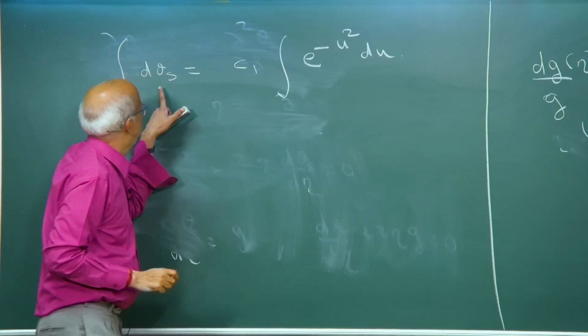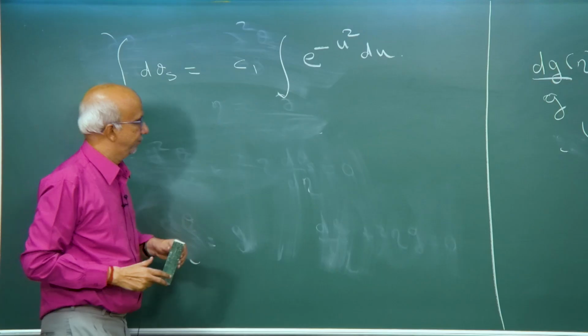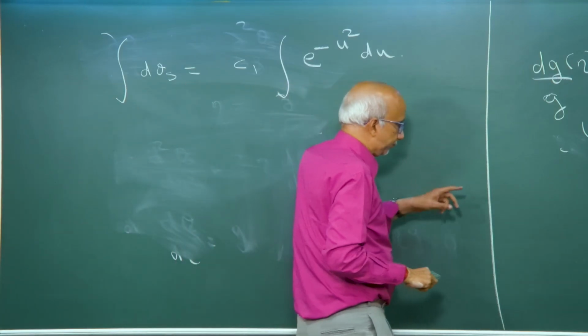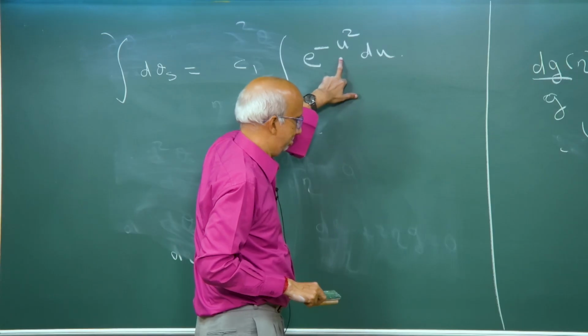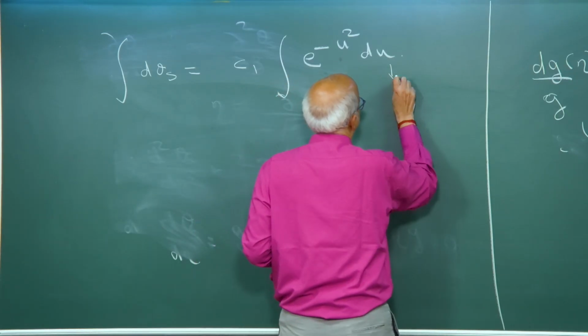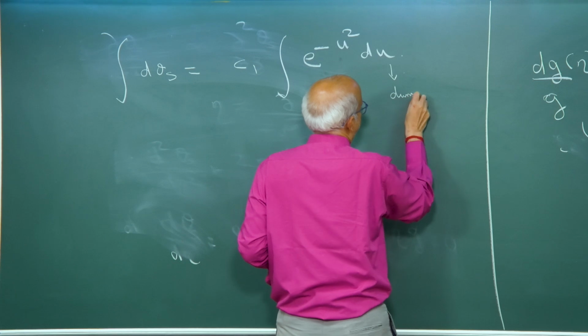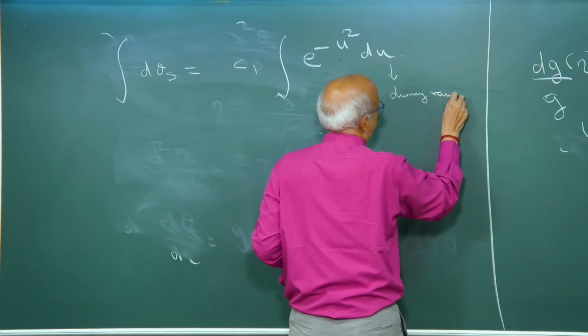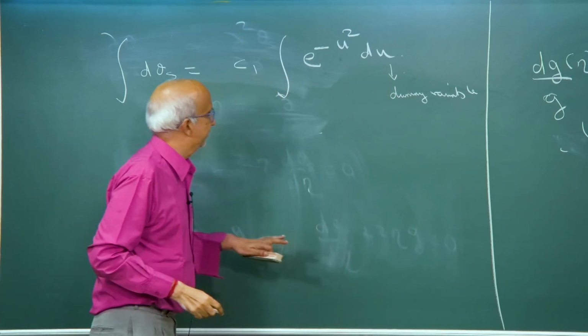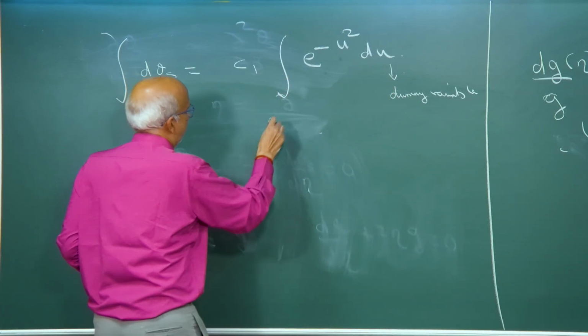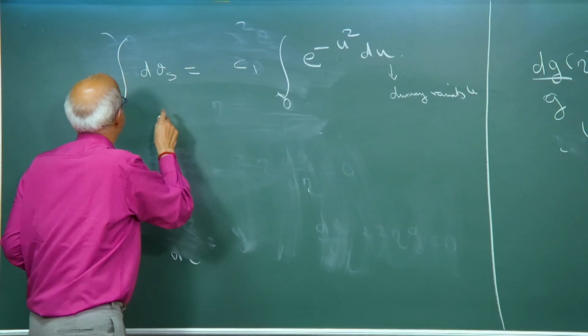This u is a dummy variable. When z is 0, theta s is 0.